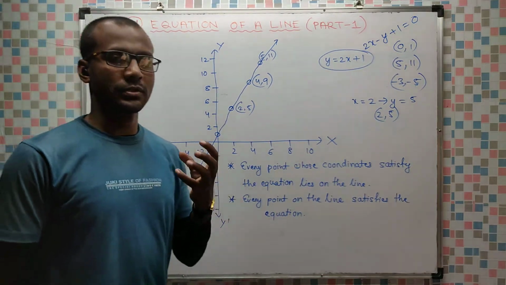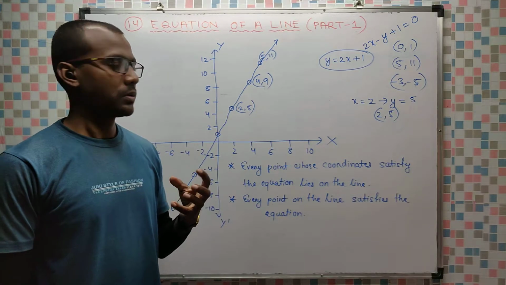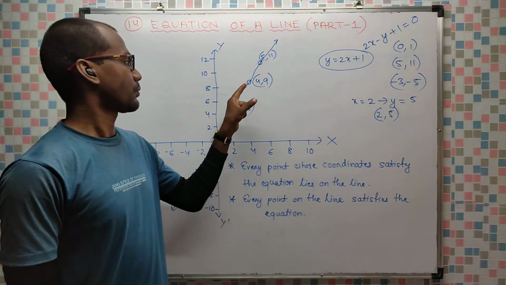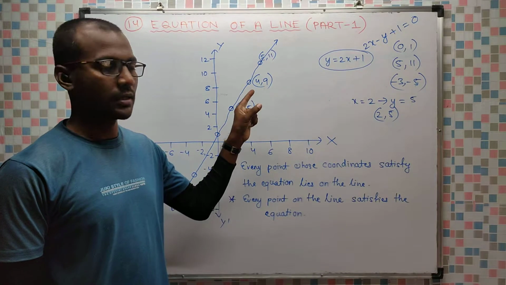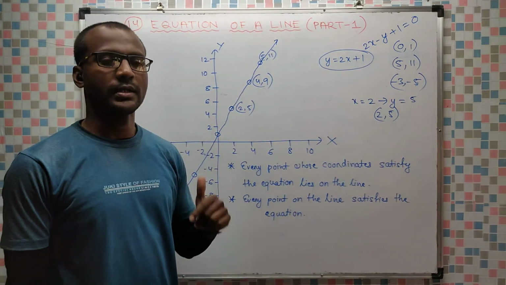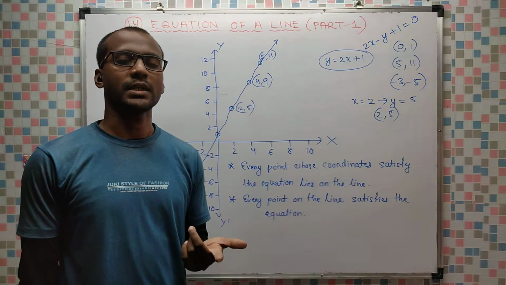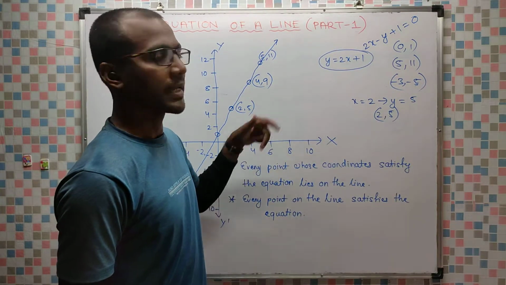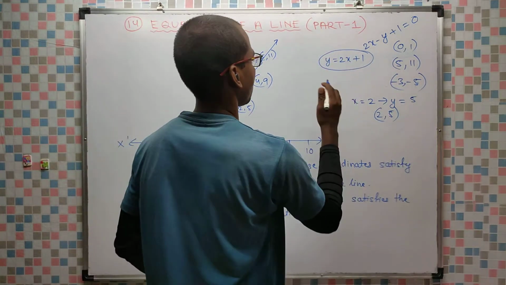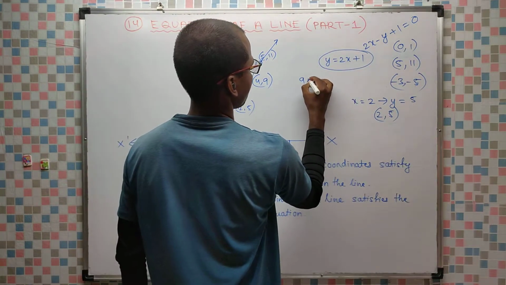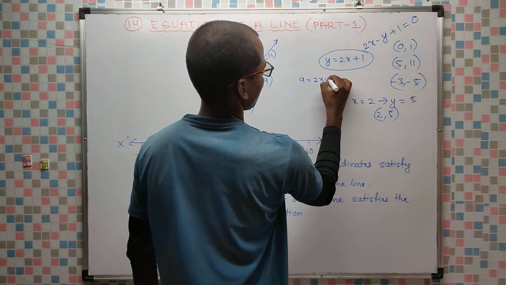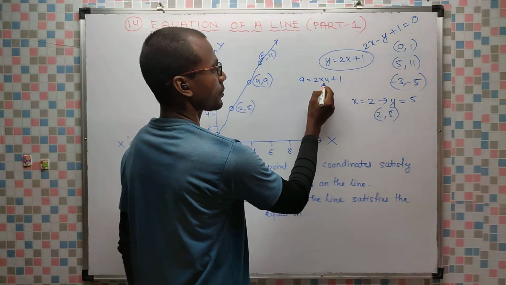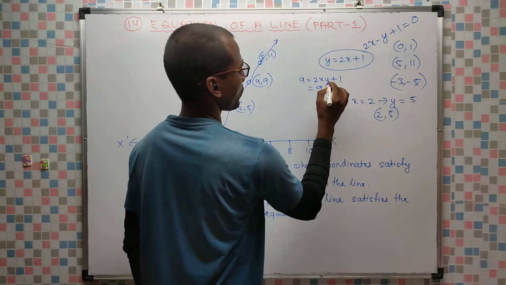So randomly I have chosen a point on the line, its coordinates are (4, 9). Now let us put these coordinates in the equation and check. x is 4, y is 9. So 9 is equal to 2 into 4 plus 1, that is 9. True.